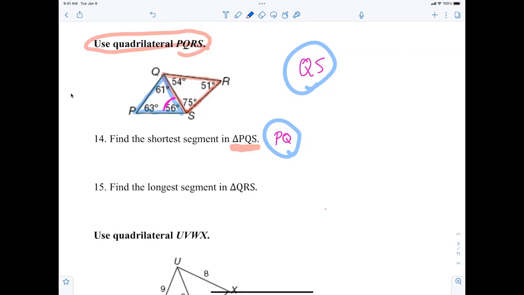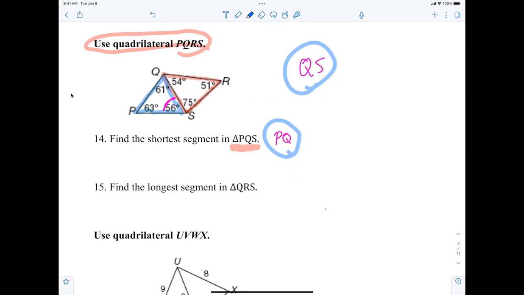It just so happens that QS is shared with both triangles, correct? So it's the smallest in the bigger triangle, correct? And QP is the smaller out of QS. Do you agree? Therefore, PQ would be the smallest segment of that quadrilateral. Everybody's good with that?